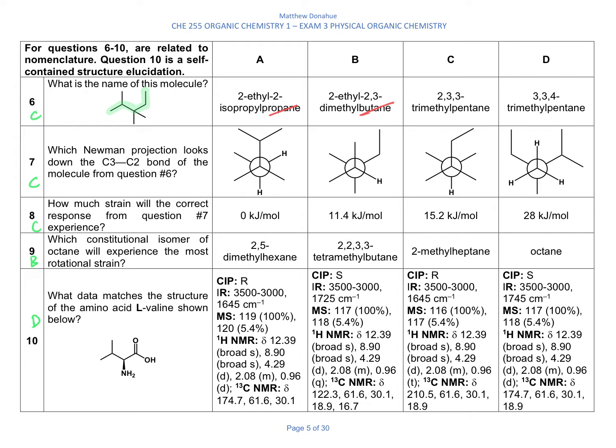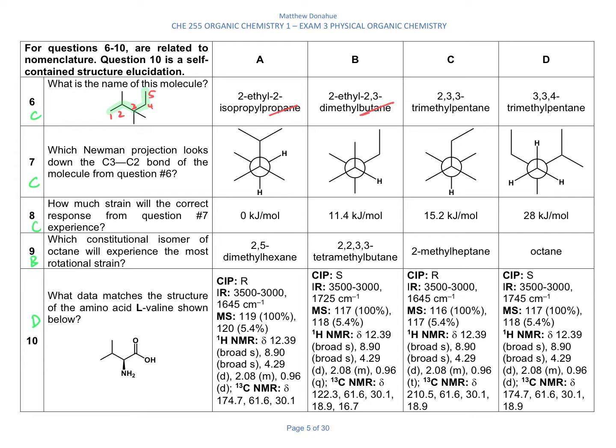And just sort of by intuition, you can look at C and say, well, if the nomenclature rules say they have to have the lowest possible numbers, C looks more correct than D does. But let's go ahead and write the numbers in so we prove that to ourselves. If we start here at 1, 2, 3, 4, 5, we do see that it's 2,3,3-trimethylpentane.